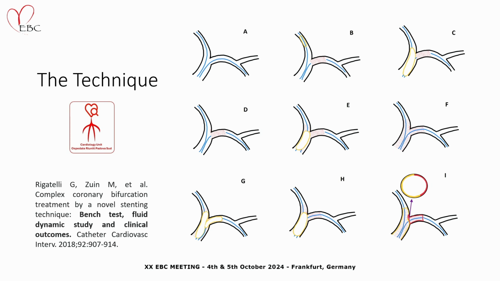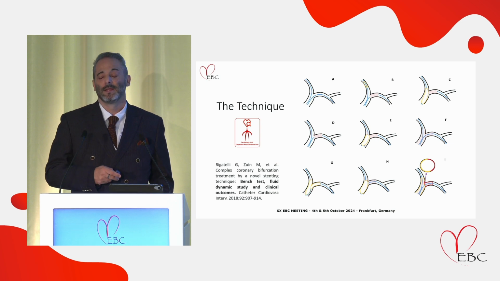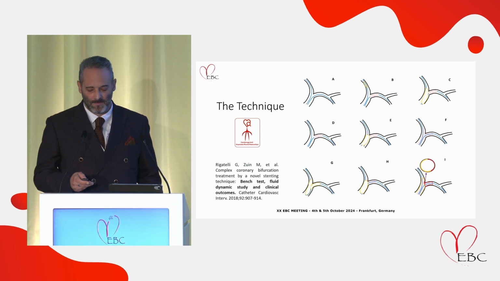So you do not have to be so precise in positioning the side branch stent first, because it doesn't matter how much you cover the ostium, since the complete coverage is given in part by the left main stent.